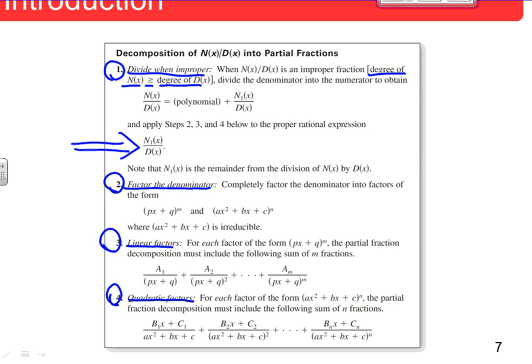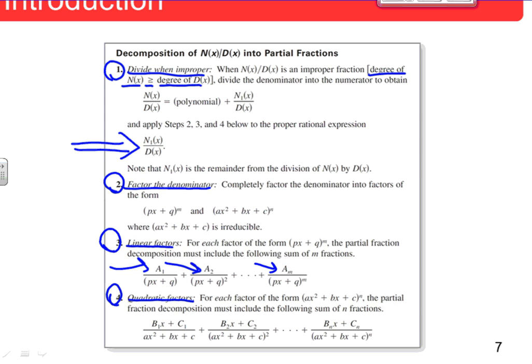Now, looking at this, the way it's written here, I'm going to tell you what I do in practice, and what the book authors and everybody does. See how they call it A sub 1, A sub 2, and then A sub M?